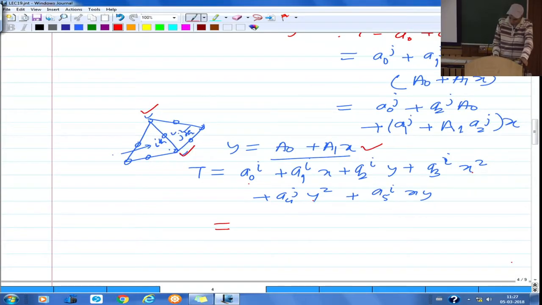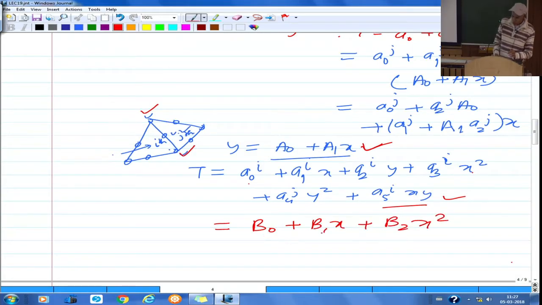When you write y square as a0 plus a1x whole square, it gives a constant term, a linear term and a quadratic term in x. The product x into y again gives a term in x and x square. So overall the resulting expression would be quadratic in x. Let me write that simply as b0 plus b1x plus b2 x square, where b0, b1, b2 are in terms of these constants and capital A0 and capital A1.